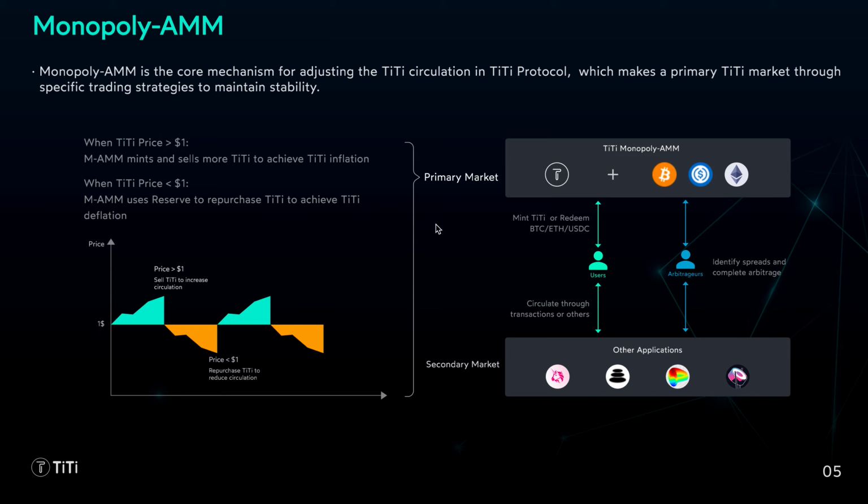Their price varies, and the price spread between the primary market and secondary market will be flattened by the arbitrageurs. That enables M-AMM to get the TiTi global price in the DeFi system. In summary, M-AMM is the core module to mint and burn TiTi, detect the TiTi real-time supply and demand, and dynamically adjust the TiTi supply with the reorders.